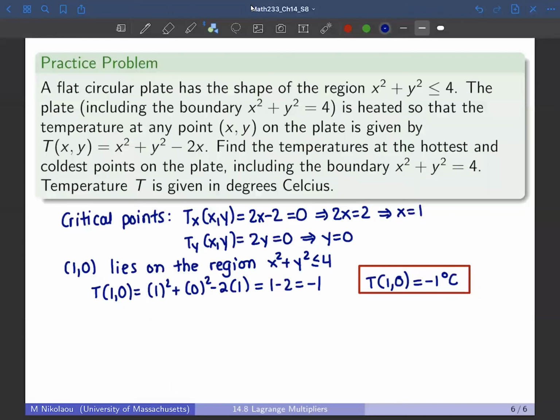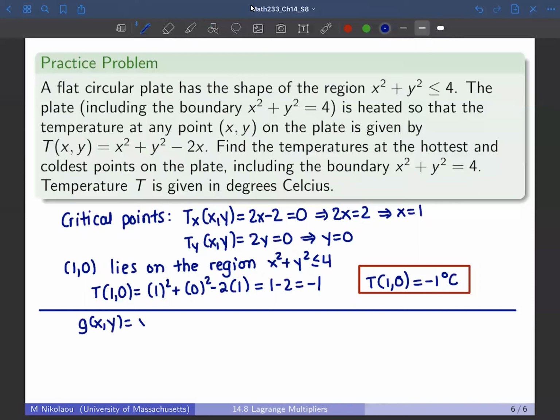We'll use the Lagrange multipliers to study the maximum and minimum values of the function on the boundary circle g(x, y) equals x squared plus y squared is equal to 4. So this is the constraint that we have. The boundary of the plate is actually the constraint.